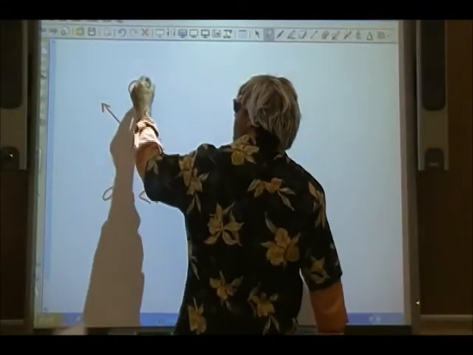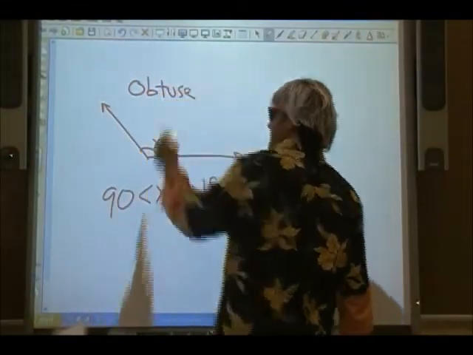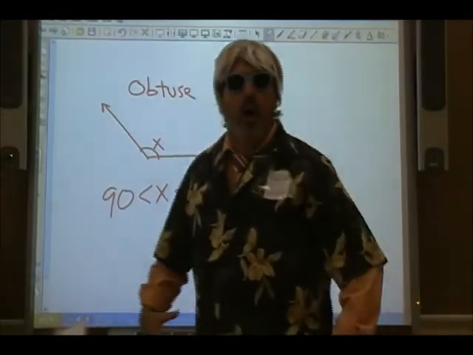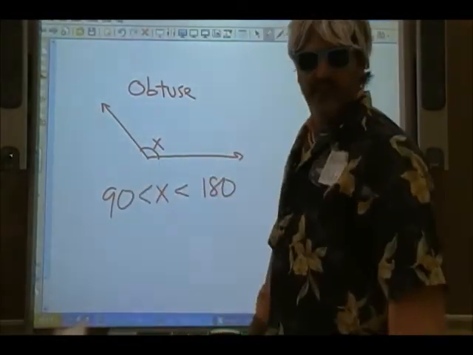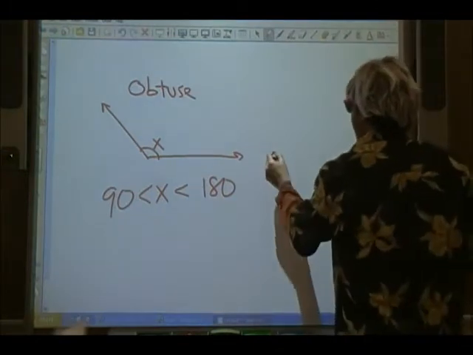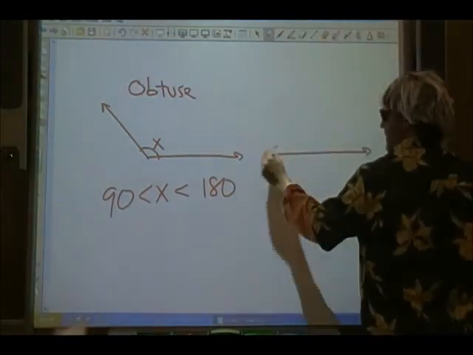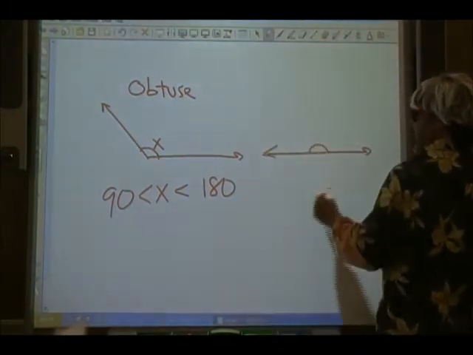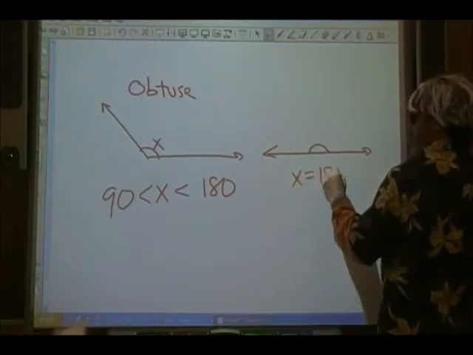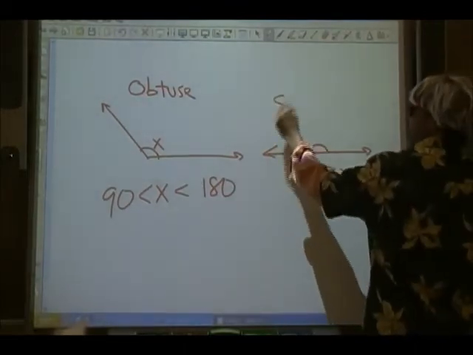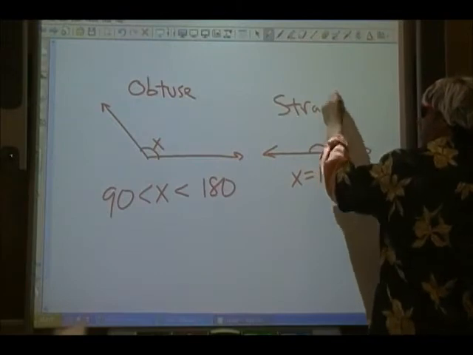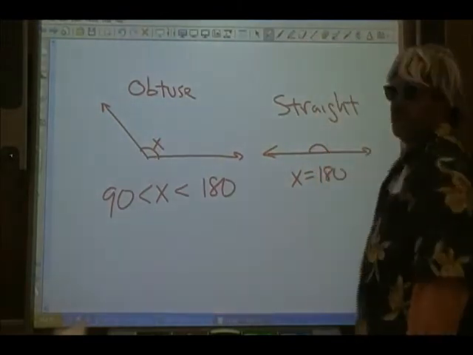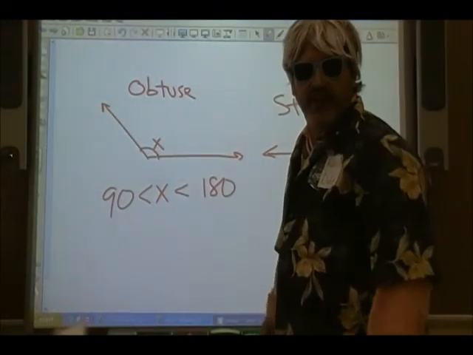It's called obtuse. Ob already makes it sound like it's bigger. And then the last one you have to know is when the angle is like that, it equals 180, and it is called straight. And those are the types.